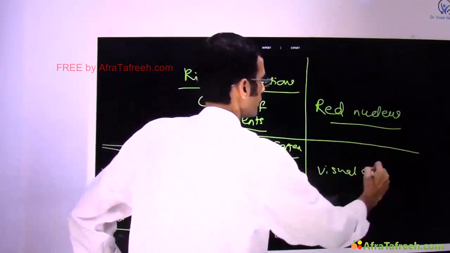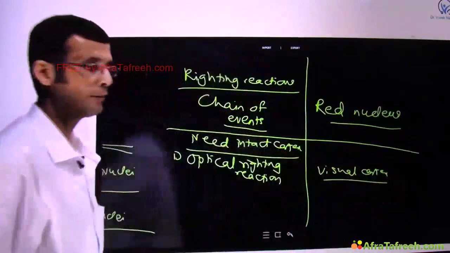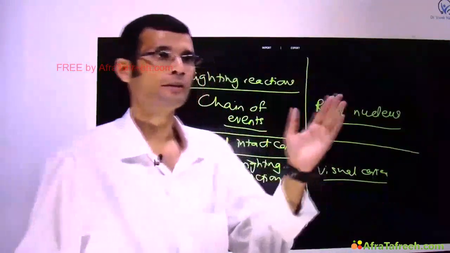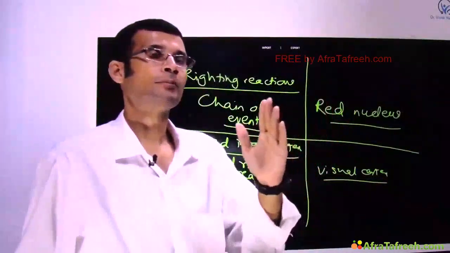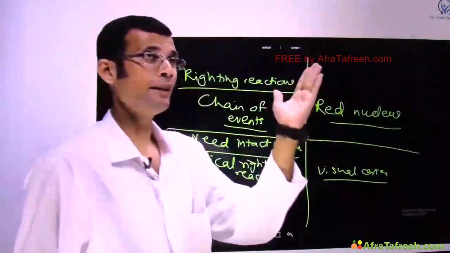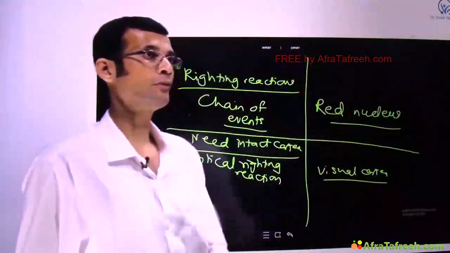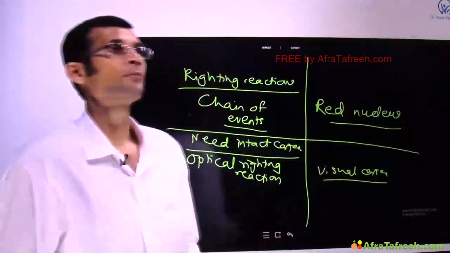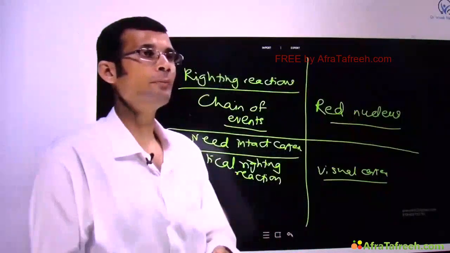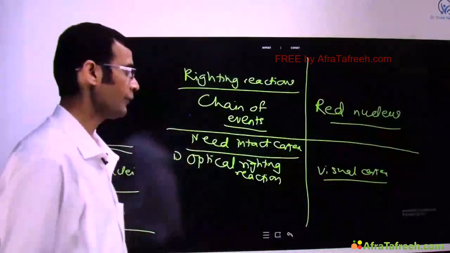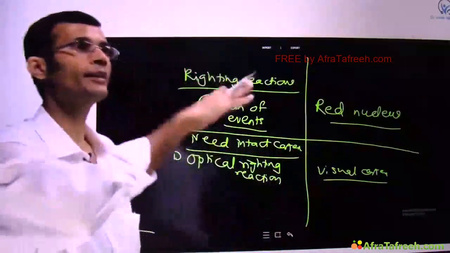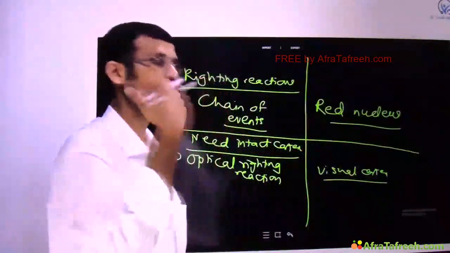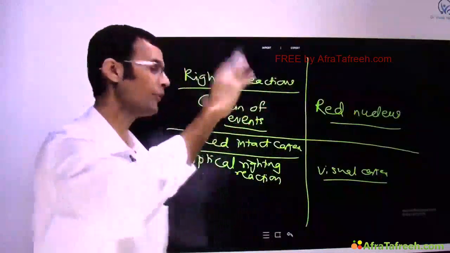What is the reaction? When you are falling, posture is getting disturbed. You can see that the building is tilted, trees are tilted, so your posture has been disturbed. And then you maintain the upright posture by contraction of anti-gravity muscles. But it needs an intact cortex because an image has to be formed and it has to be perceived that the building is tilted, trees are tilted.